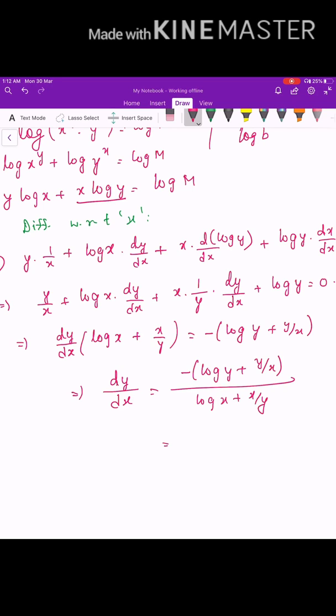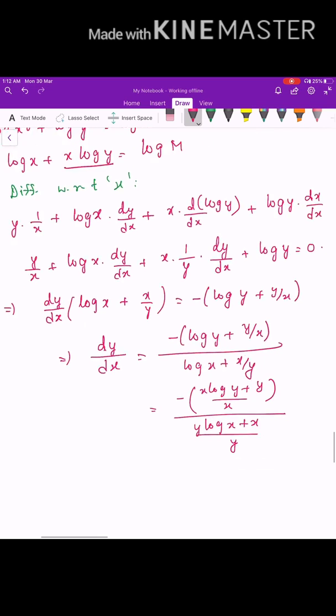You can take the LCM, x log y plus y upon y log x plus x. So it becomes minus y into x log y plus y upon x into y log x plus x.